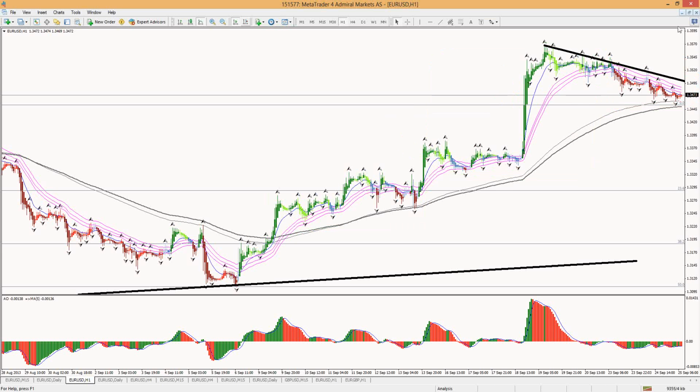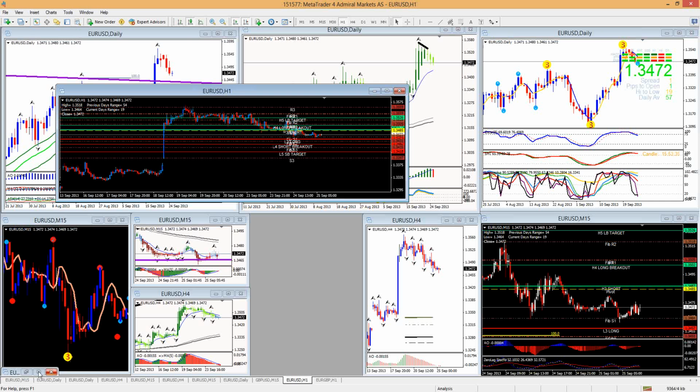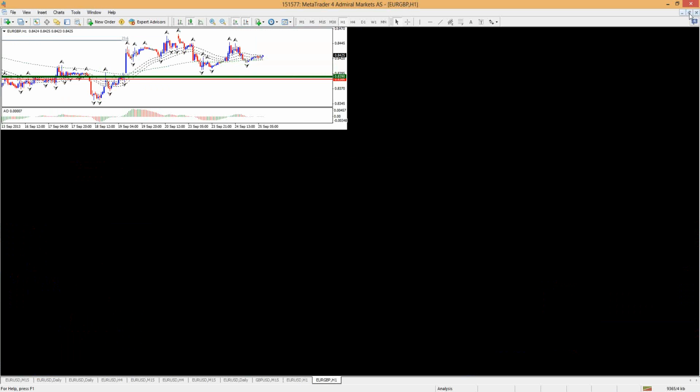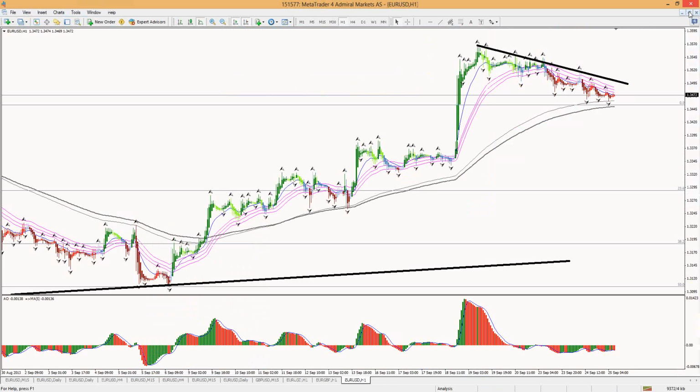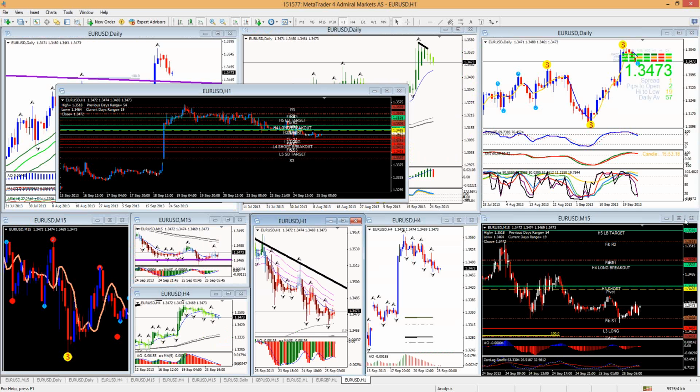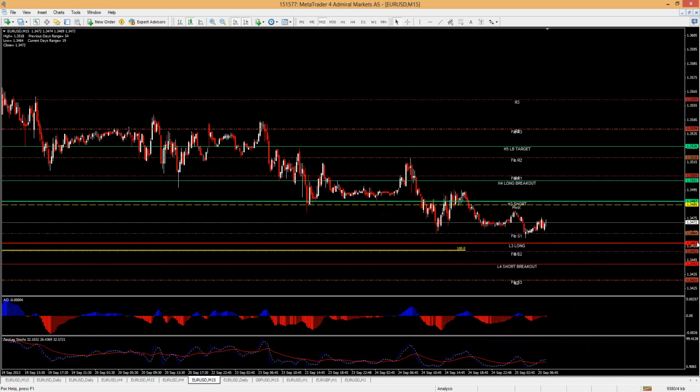So let's see. Sorry, I deleted my own chart. Okay, let's take a look at the Camarilla pivot point indicator, see what it says to us.